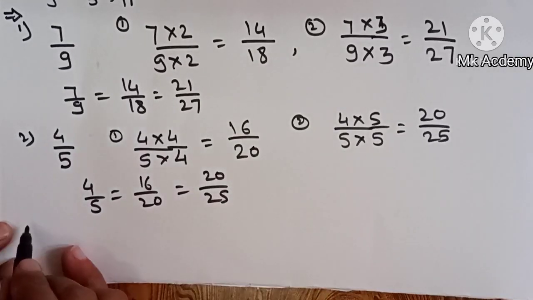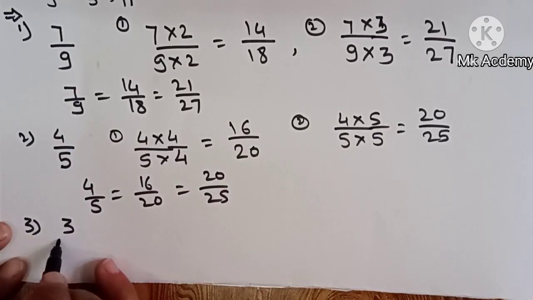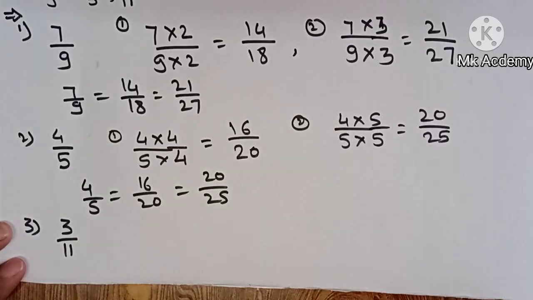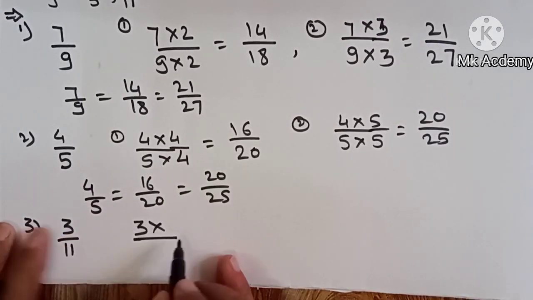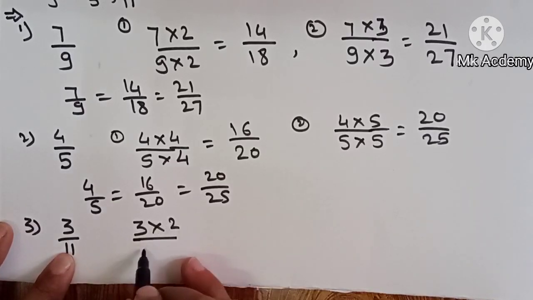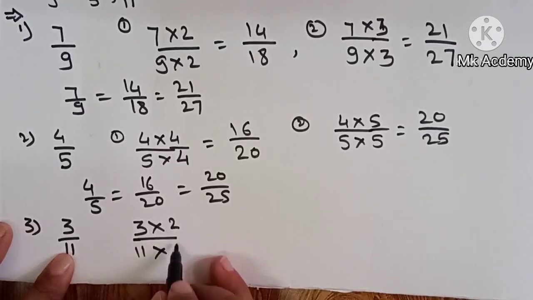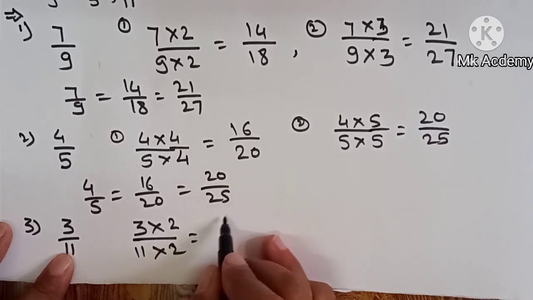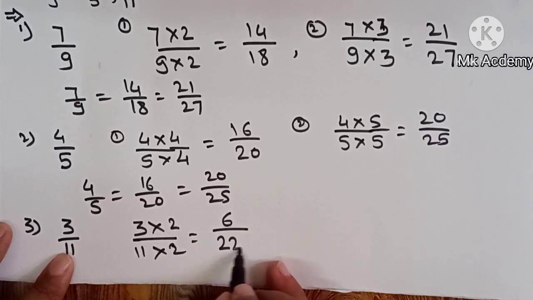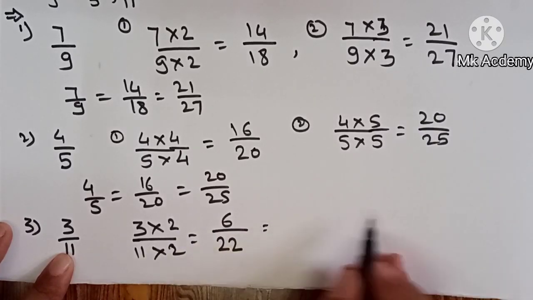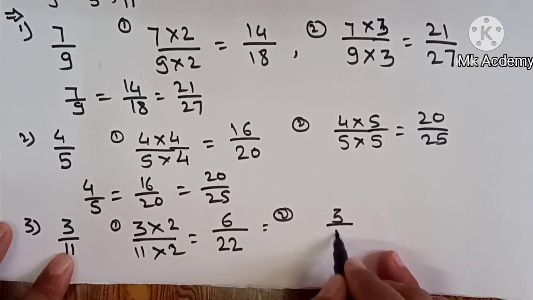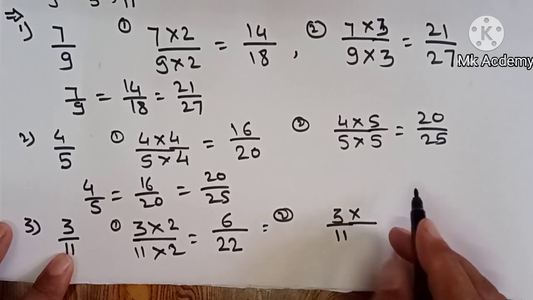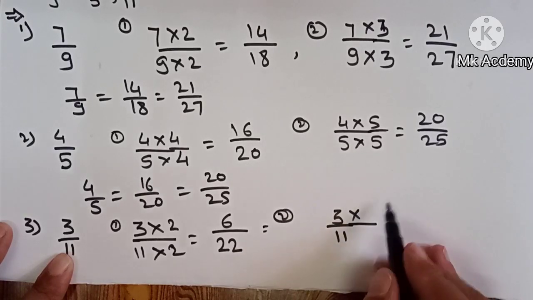Now third, 3/11. Now to get an equivalent fraction, we multiply the numerator and denominator by the same number. Say 3 into 2, 11 into 2. 3 2s are 6, 11 2s are 22. Now for the second equivalent fraction, 3/11 multiplied by 4.